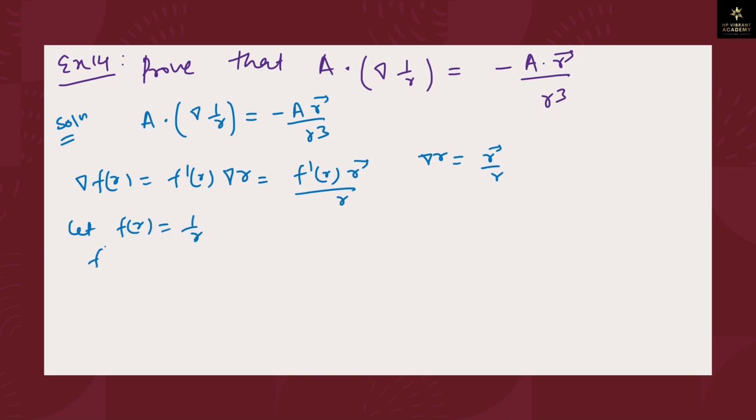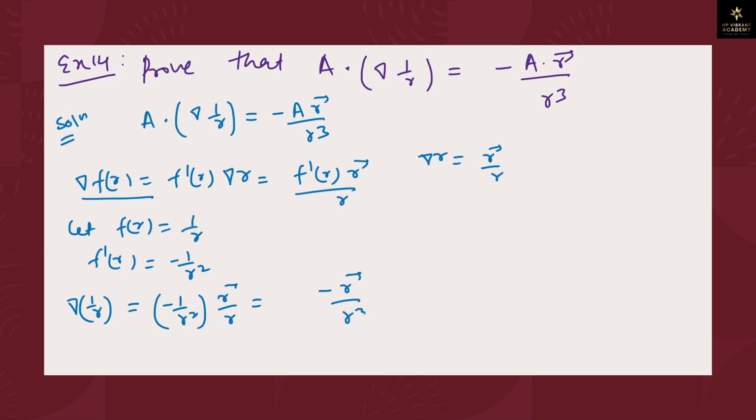So f dash r is equal to minus 1 by r square. So del of 1 upon r is minus 1 by r square into r vector upon r. This is equal to minus r vector upon r cube.